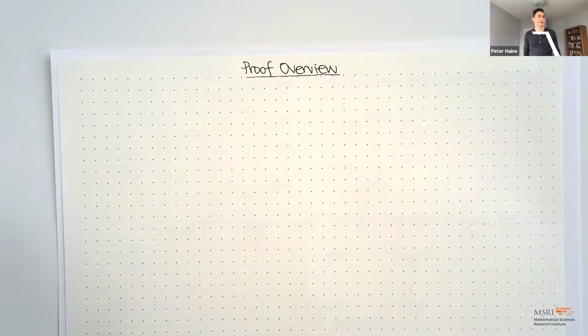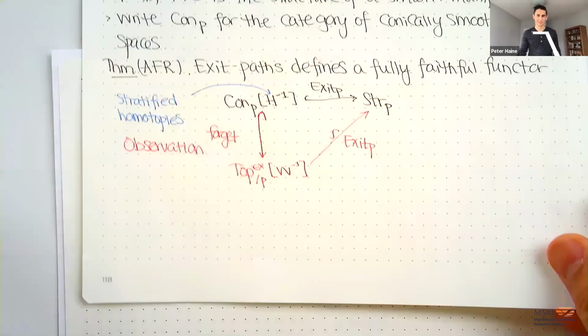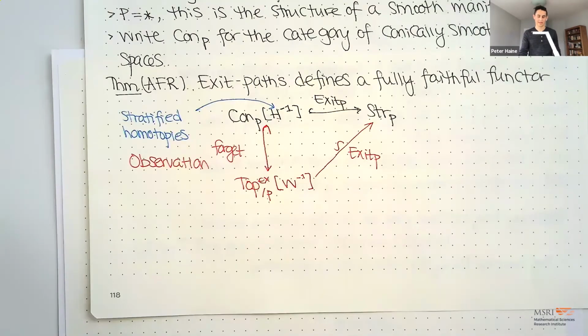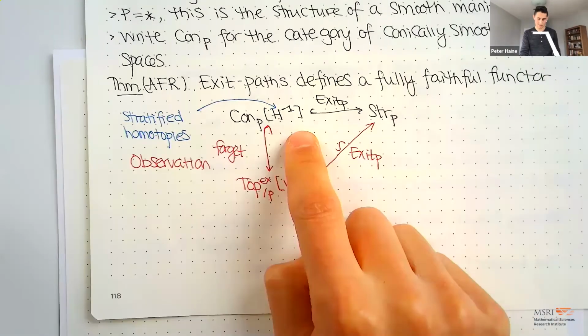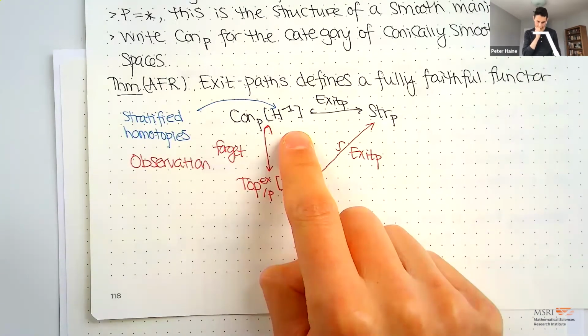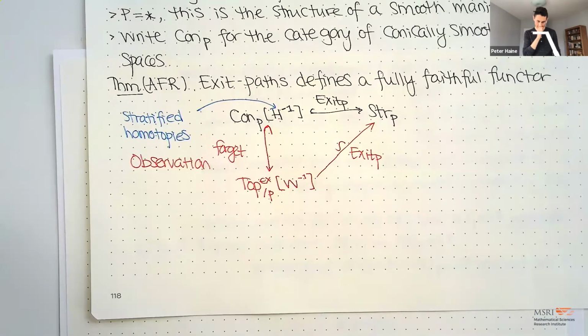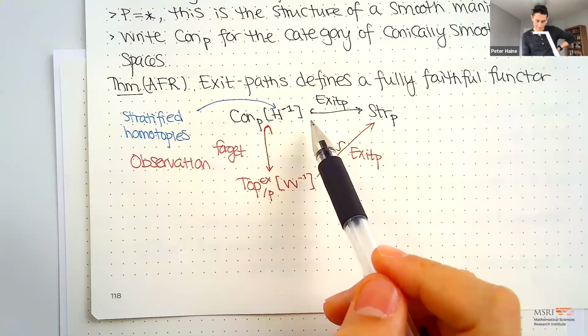I just realized I didn't know off the top of my head. I think, a posteriori after this theorem, I think this has to be true. How come? Maybe not. Well, what happens? You know that this is fully faithful.